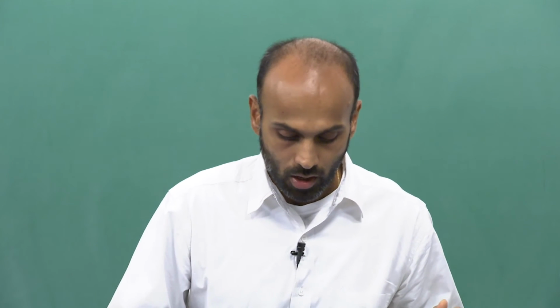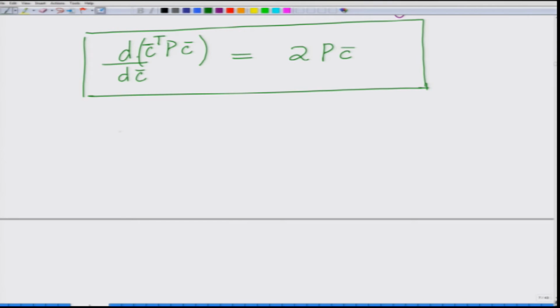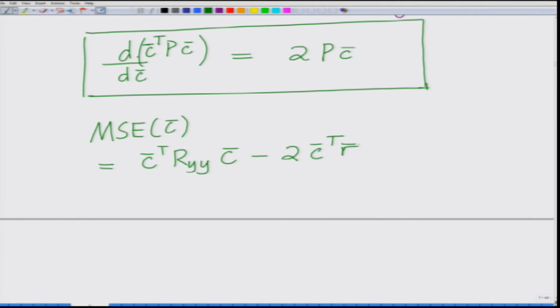and since it is linear in nature, that is the linear MMSE estimator or the LMMSE estimator. Okay. So now if you look at our MSE as a function of C bar, recall we have already derived this previously. The MSE as a function of C bar is equal to C bar transpose R yy C bar minus twice C bar transpose R bar yh plus R hh.